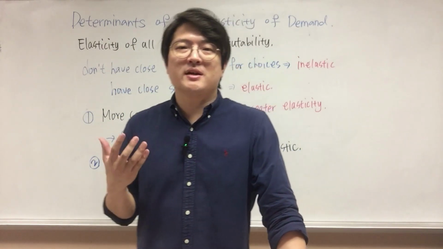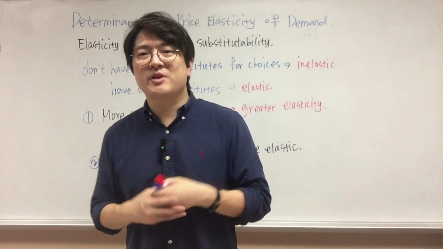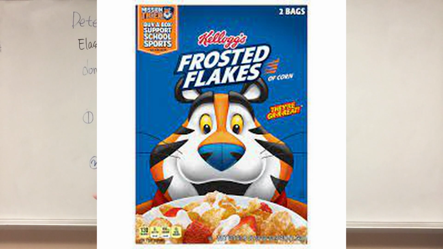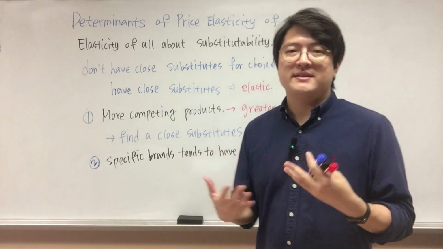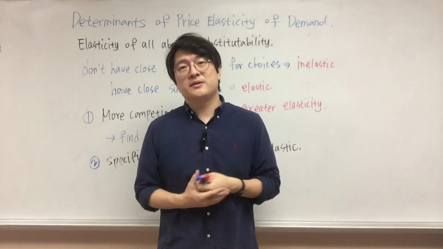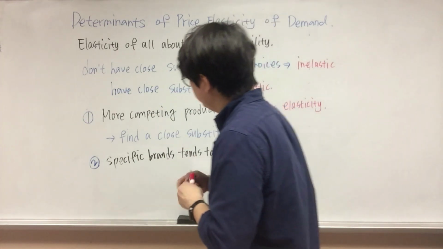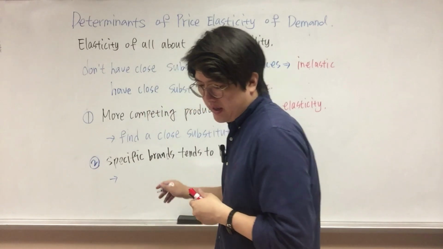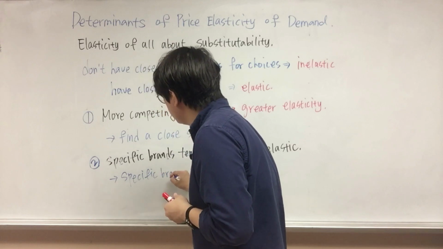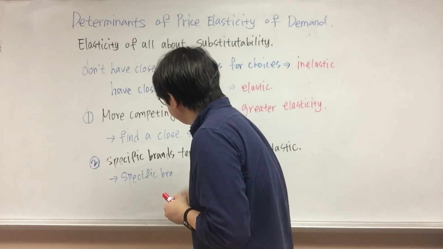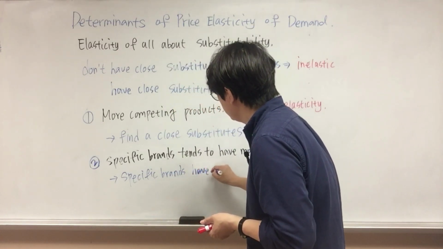So you can just pick plain Cheerios, and you can pick Kellogg's Frosted Flakes, right? So it can be seen as elastic because there are so many alternative products, because specific brands have closer substitutes.